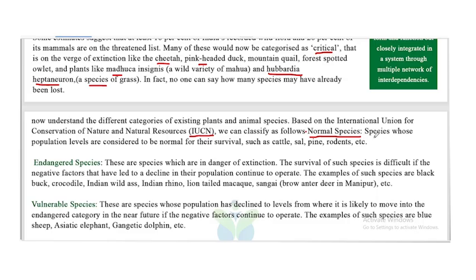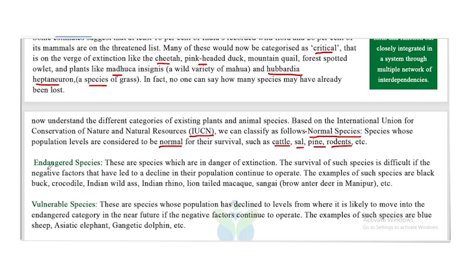That is species whose population levels are considered to be normal for survival, such as cattle, sal, pine, rodents, etc. So there is no problem, their population levels are normal. That's why they are known as normal species.